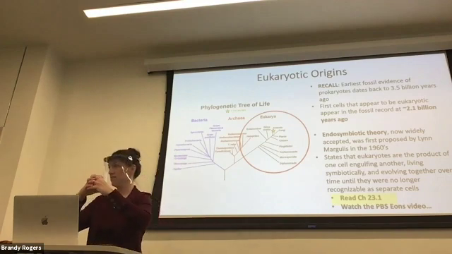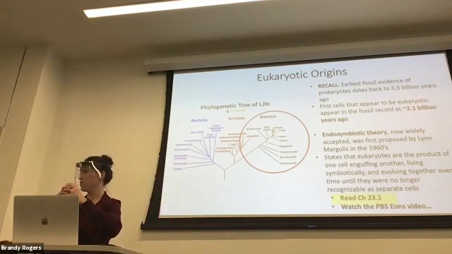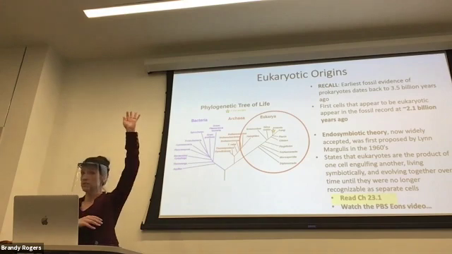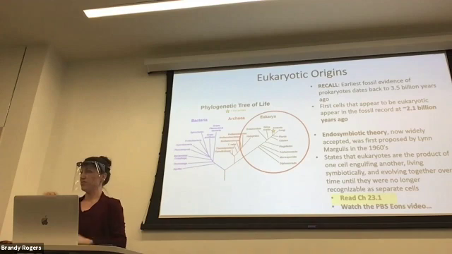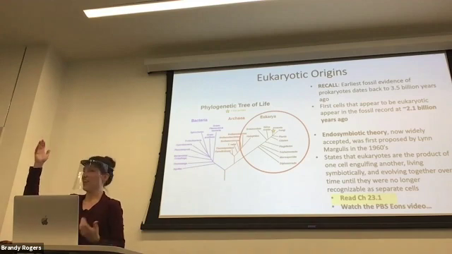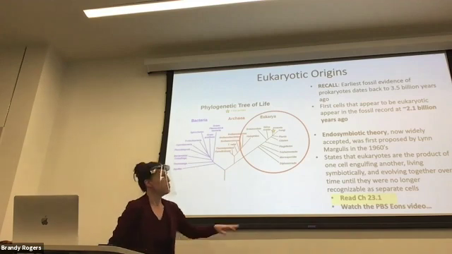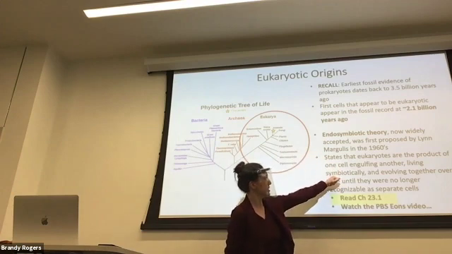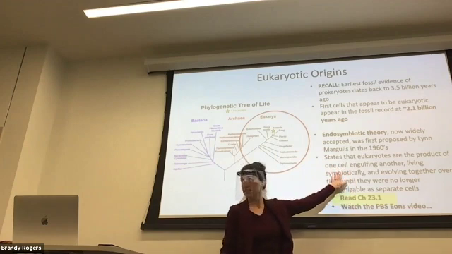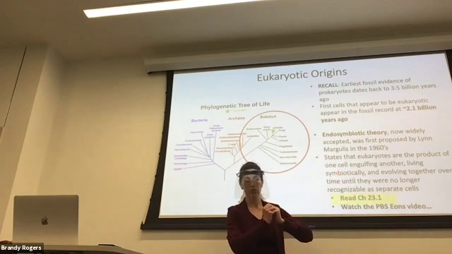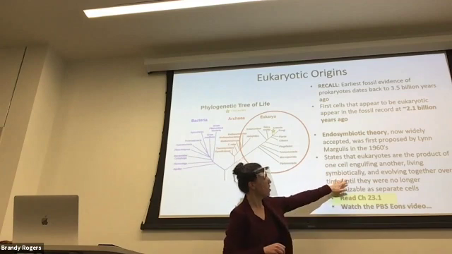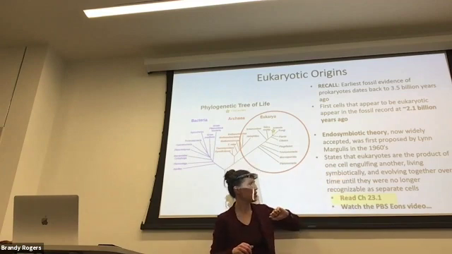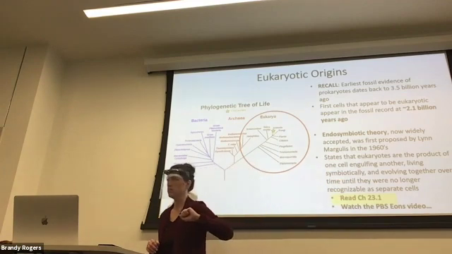Pac-Man style. Have you guys heard of endosymbiotic theory before, or is this brand new? Brand new? Heard of it before? Okay, it's in there. All right, so the theory itself, just to summarize quickly, states that eukaryotes are the product of one cell engulfing another, living symbiotically together, in close association, and evolving together over time until they were no longer recognizable as separate cells.